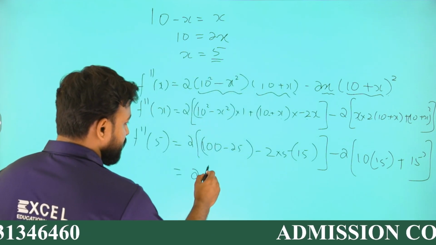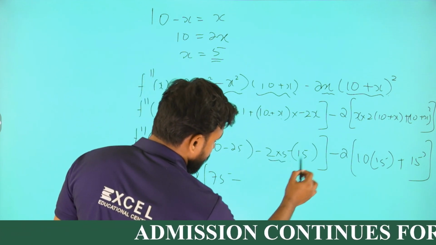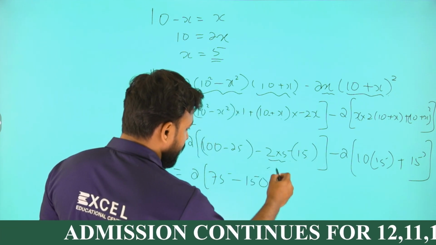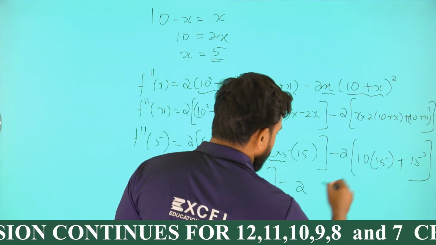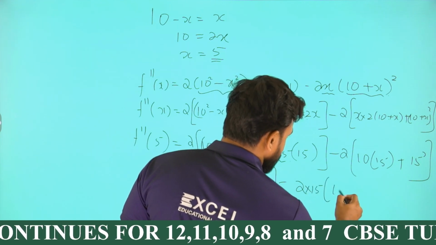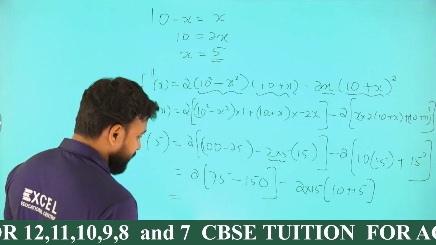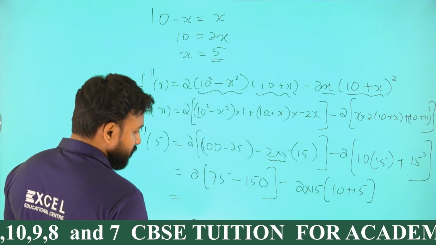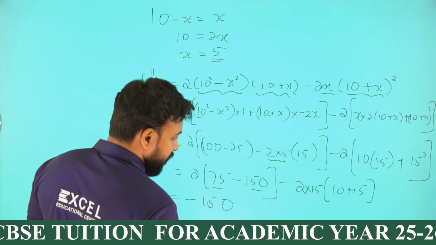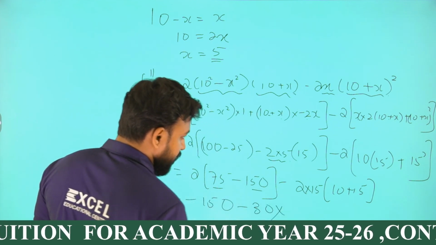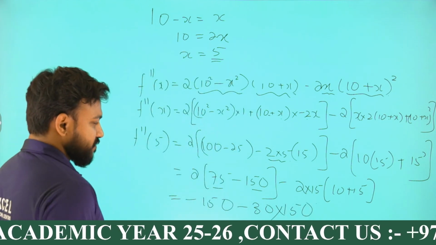So it will be 2 times 75 minus 10 into 15 is 150, minus 2 into, if I take 15 out of it, I have to write 10 plus 15, then it will be minus 75 into 2, it will be minus 150 minus 30 into 150. Ready? It's negative, of course, both are negative.